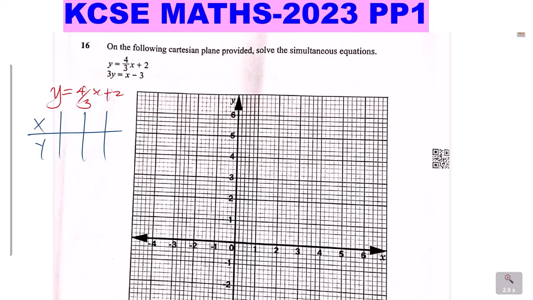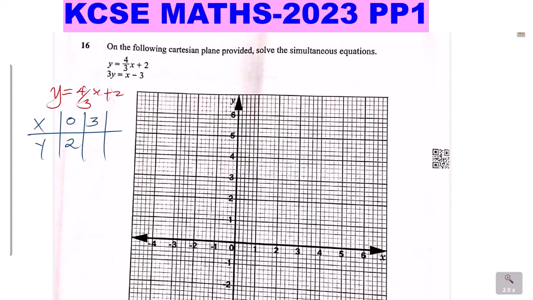So using this function y equals 4/3 x plus 2, the first one that you can try is when x is 0. You just substitute where we have x with 0, and you notice y will be 2. Another value that will not give you a decimal or fraction, think of a value like 3.